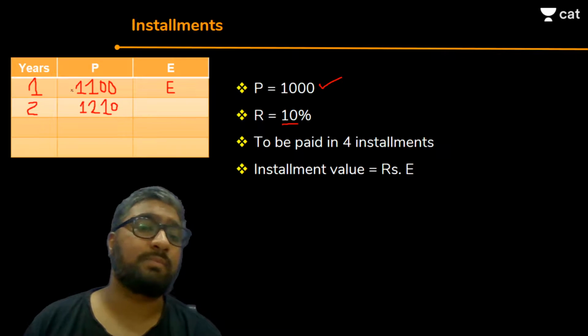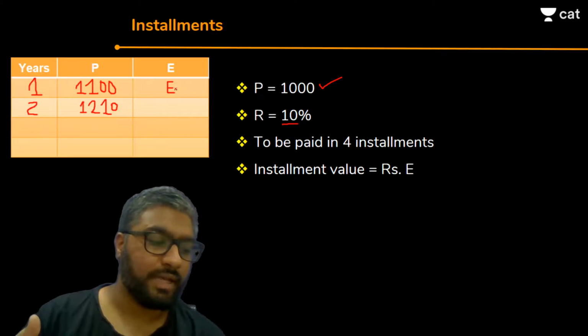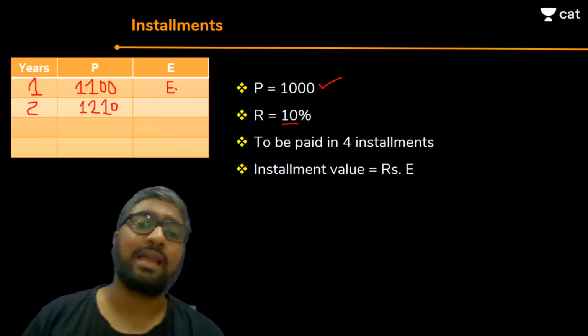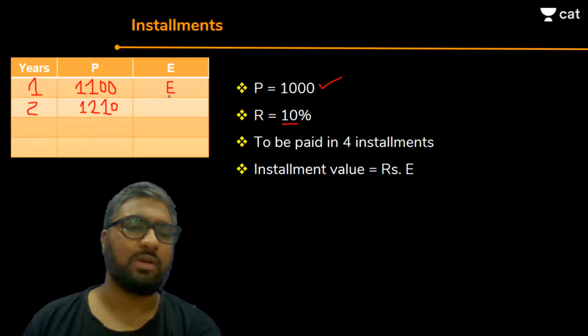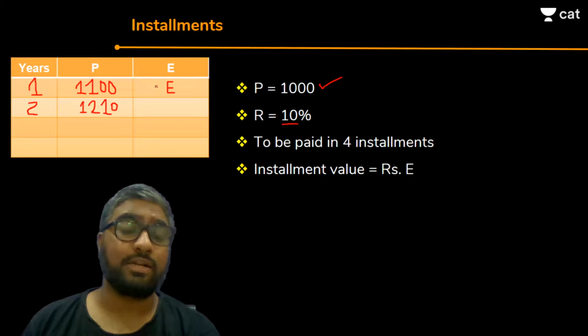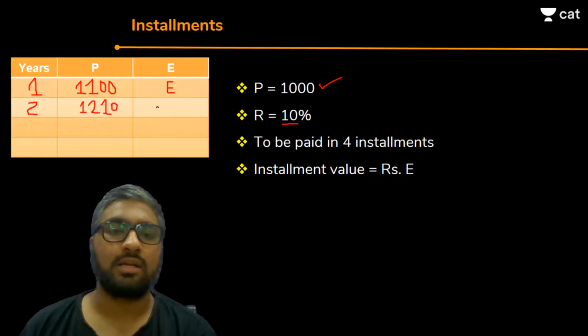Technically, of the E that you paid, of the remaining, again interest would be applied on that. This E you are still yet to pay me. The interest on this would also be applied, right? This is the money that you owe me extra. So how much would it be? 10% extra on that.